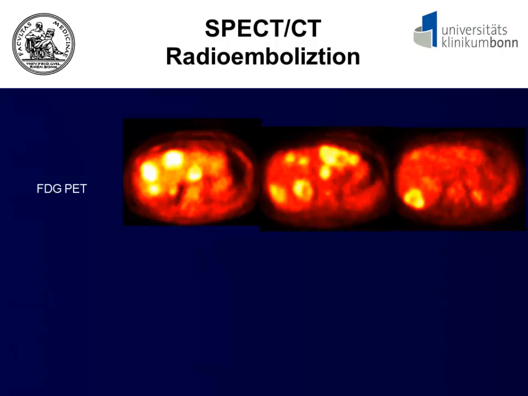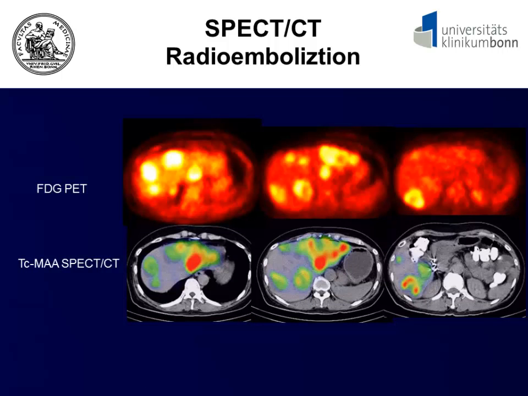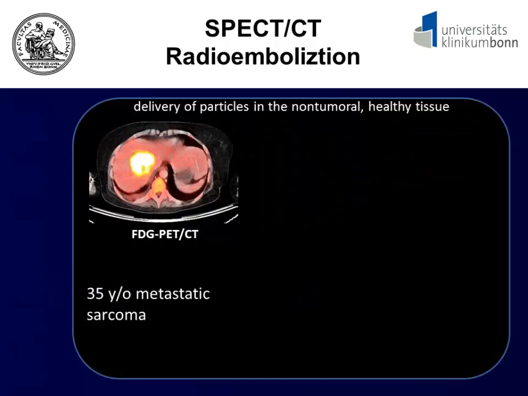You see a lot of metastases with high glucose metabolism, and the MAA scan of this patient shows a very good tumoral accentuated accumulation. It's a very good sign for a good treatment response after the radioembolization. The healthy liver tissue shows no high uptake, which is very good for the treatment planning.